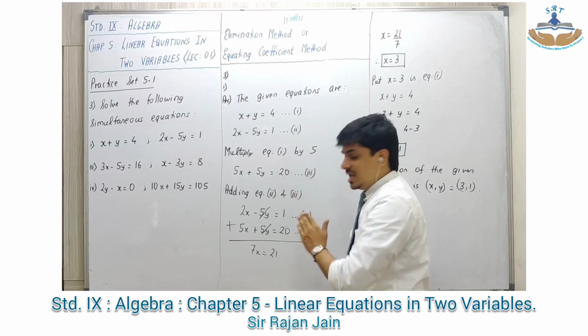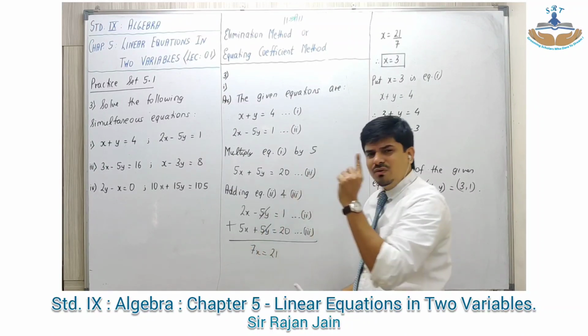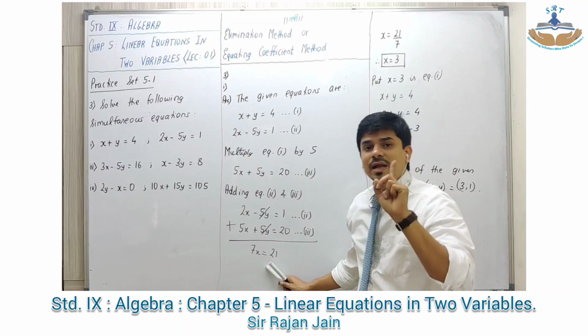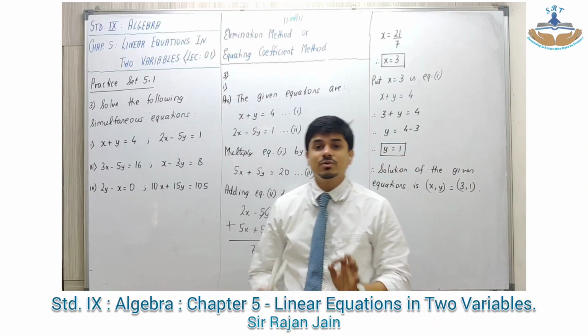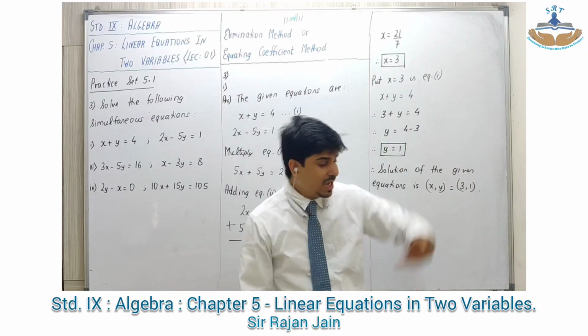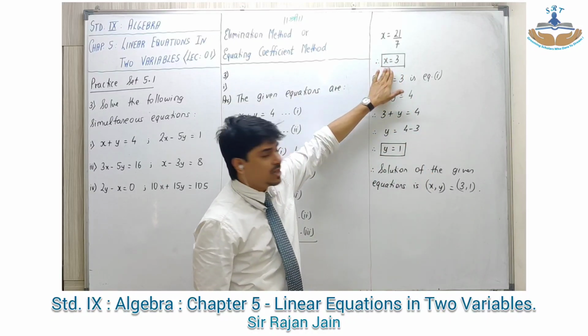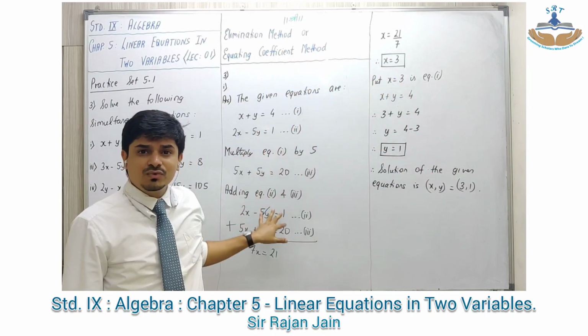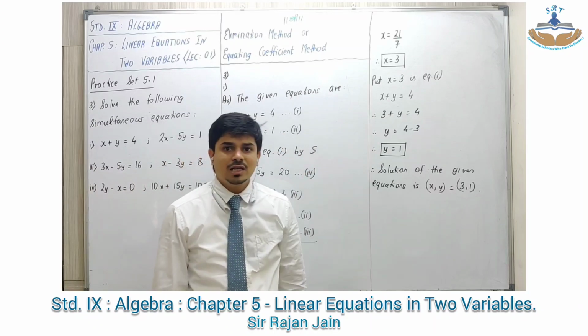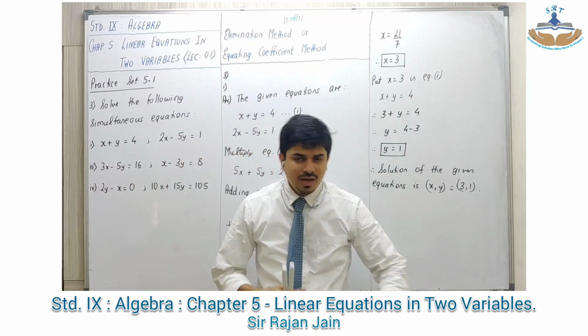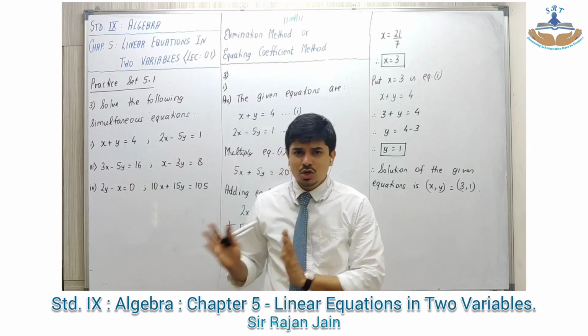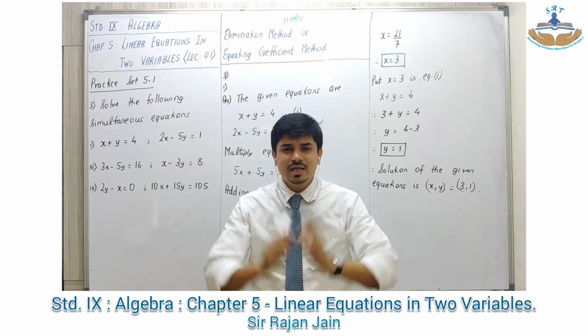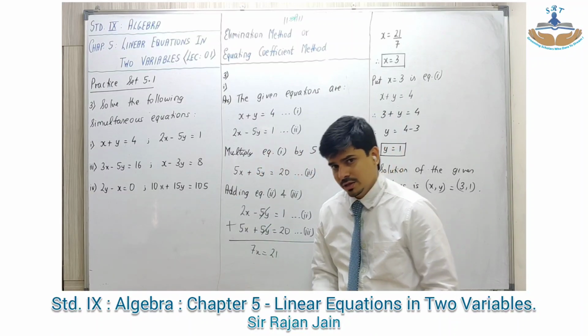And once it gets eliminated, there is only one variable left in the equation. And if there is only one variable in the equation, you can get the answer by solving. After getting the answer, put that value of variable in any of the equation, you will get the same value of y. Understood? Now let's solve more sums based on this method so that the method gets totally clear in your head. Okay?